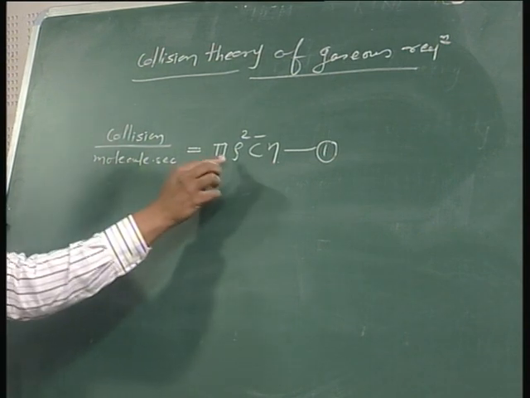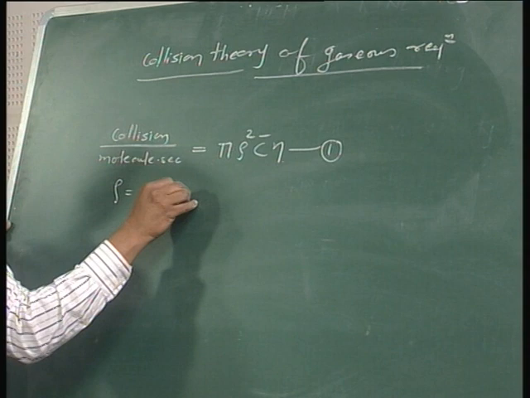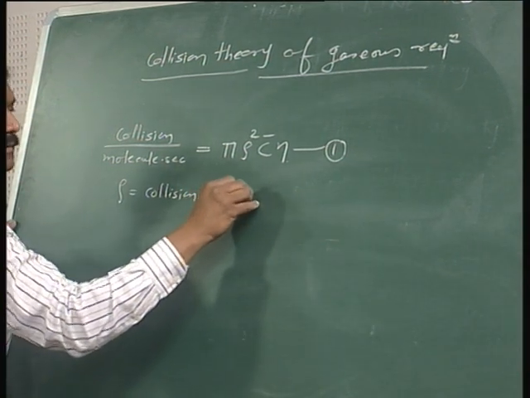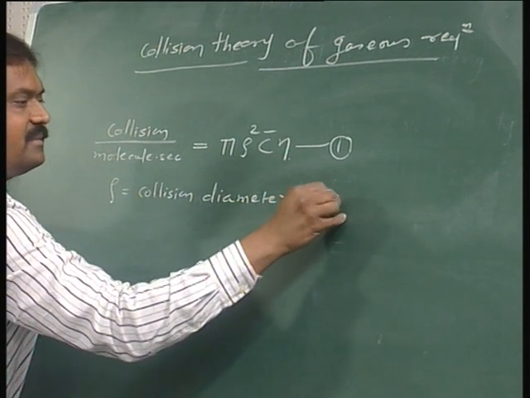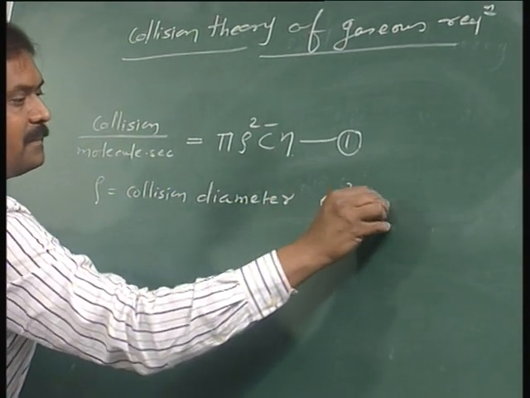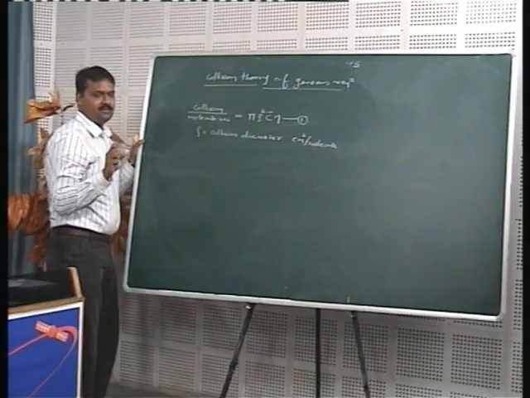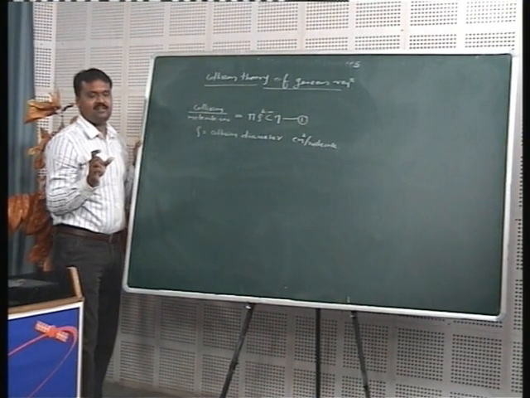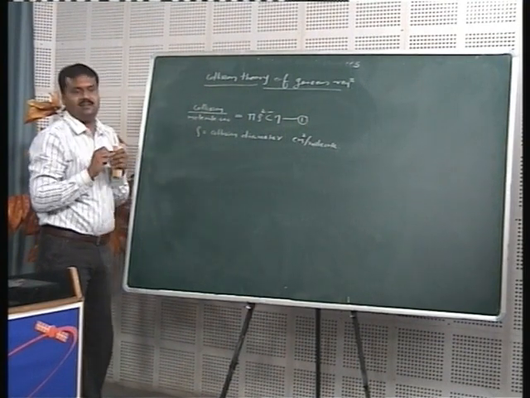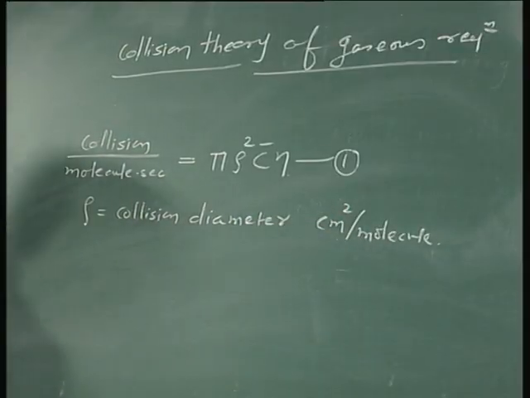where rho is the collision diameter in centimeter square per molecule, because for one molecule the diameter will be in centimeter, and for the other molecule it will be in centimeter. As in a collision a pair of molecules is involved, we can say it is centimeter square per molecule.